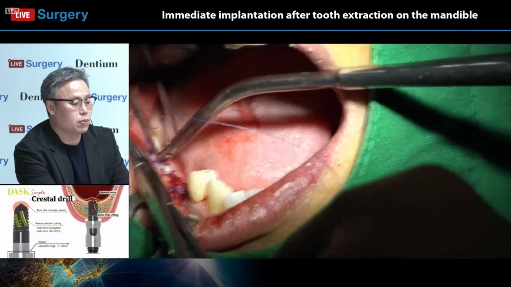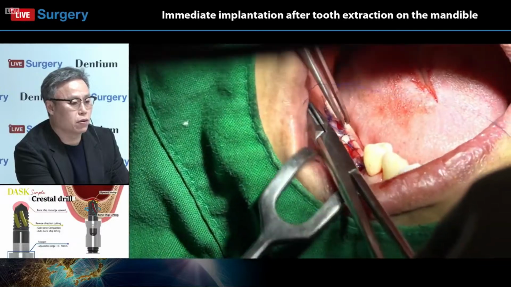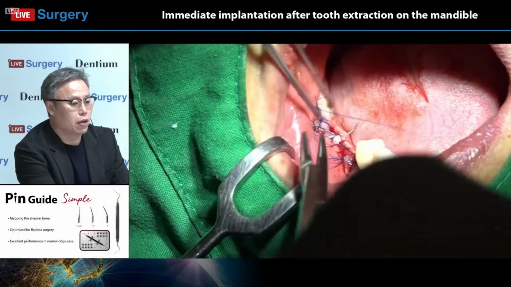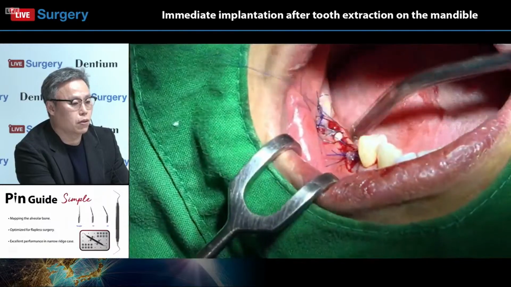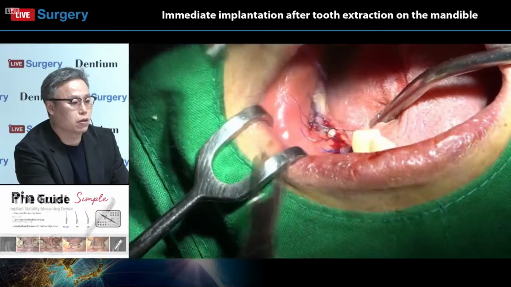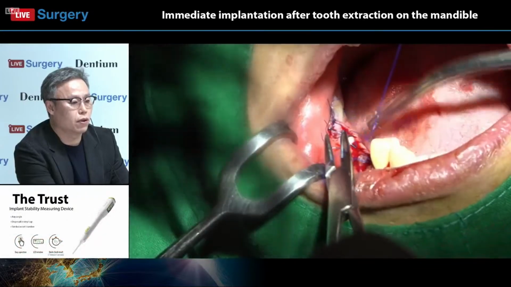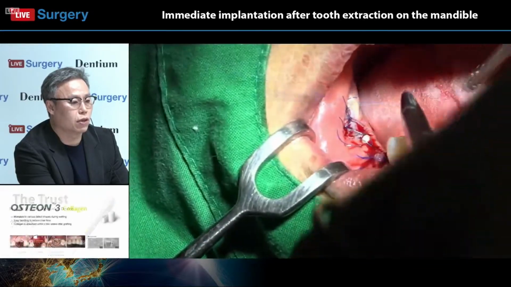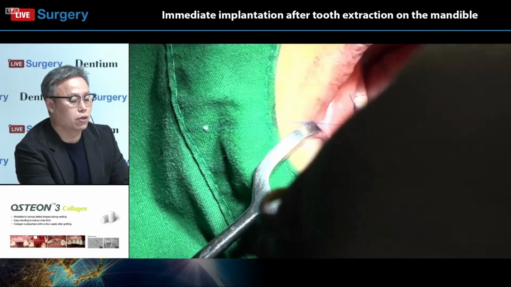He used the healing abutment for stabilizing the membrane. He found out that one reason was just bleeding. There's some flap opening on one side, and he found it and is doing the last suture, an interrupted suture.